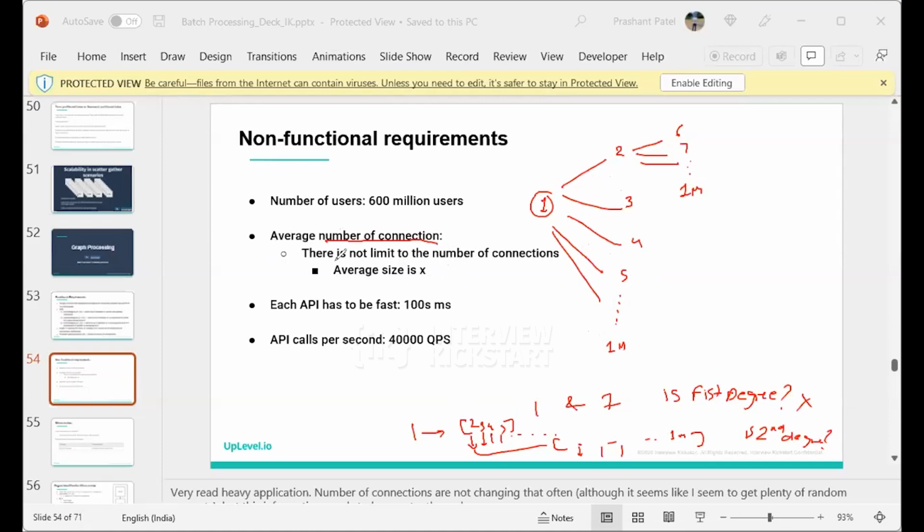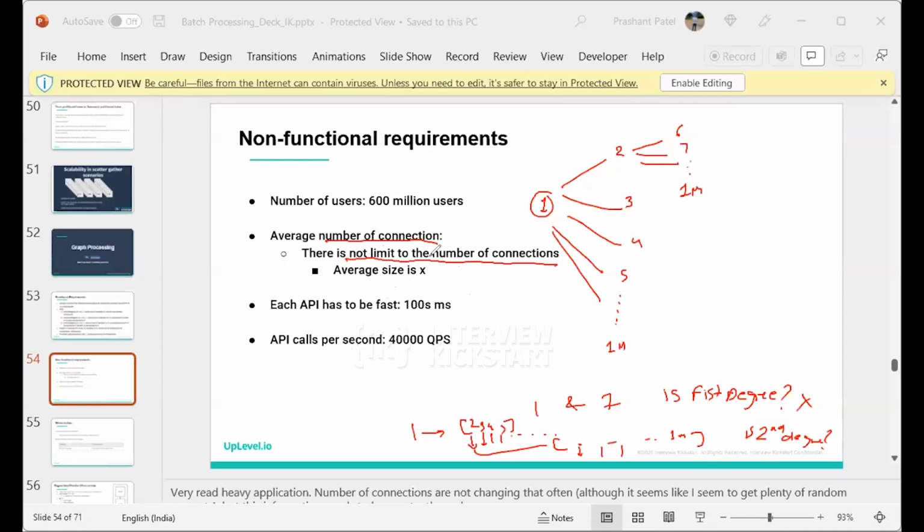And there is no limit on connections, because up to some limit you can have followers, but connections you can make any number of. We are considering that there is no limit to the number of connections, because we have the use case and the solution for that.